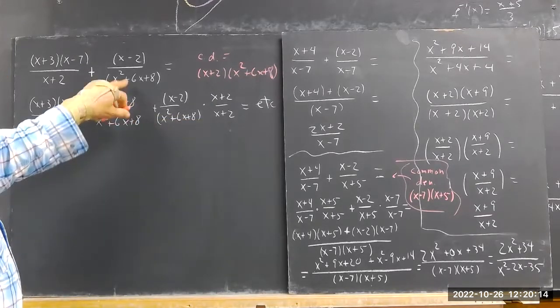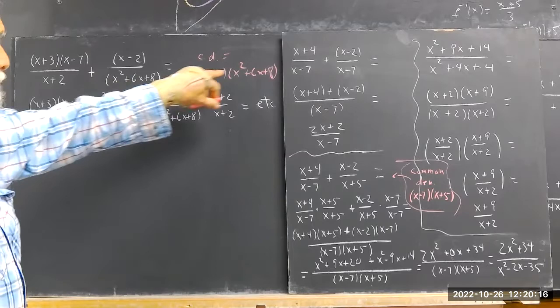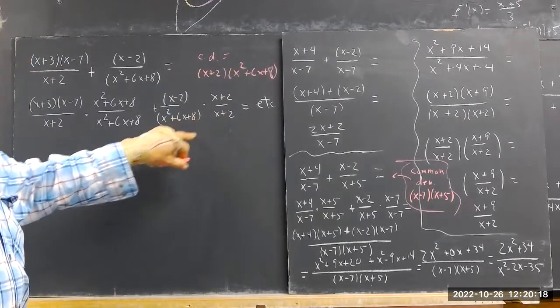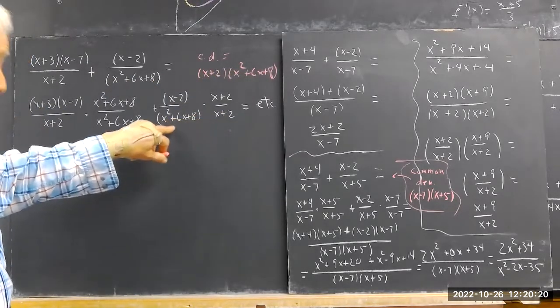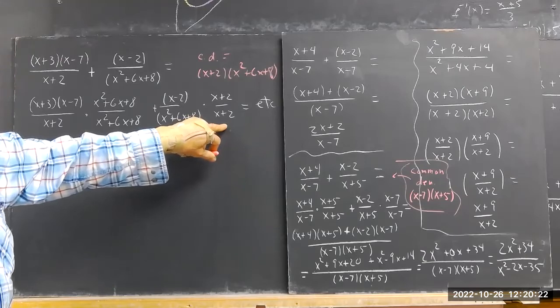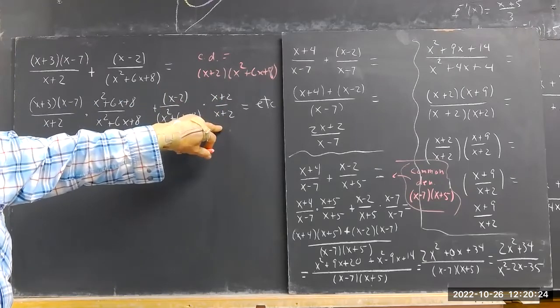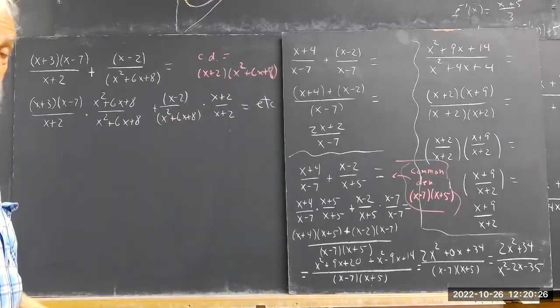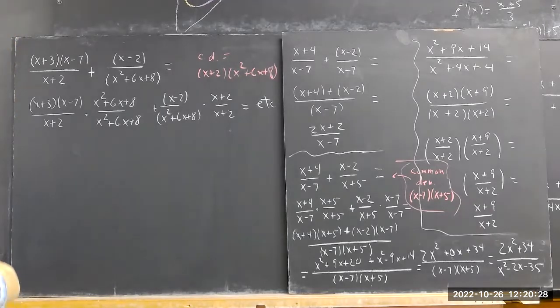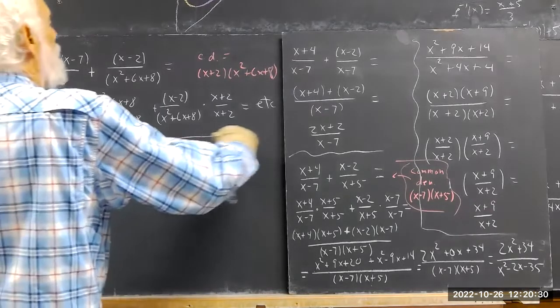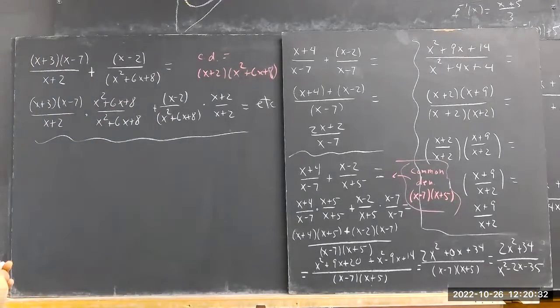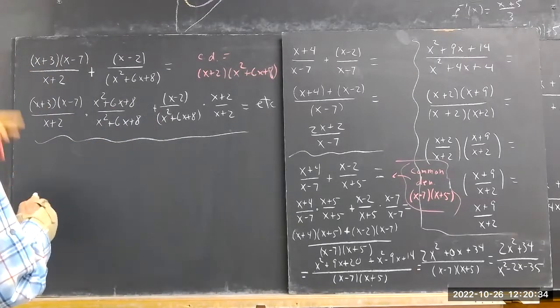Well, we've got x squared plus 6x plus 8. If we want this, we better multiply by x plus 2. We can't just multiply the denominator by x plus 2. We've got to multiply both numerator and denominator by x plus 2. Okay, well, I'm not going to go on with this because it gets a little easier.